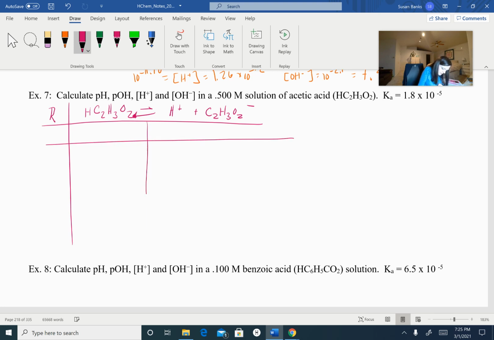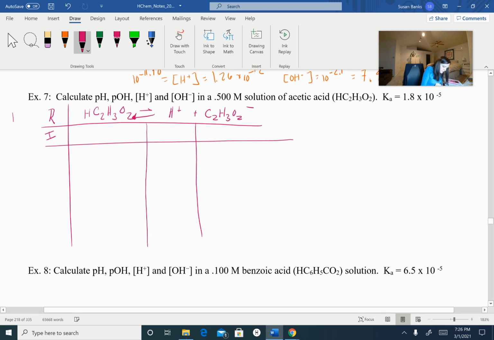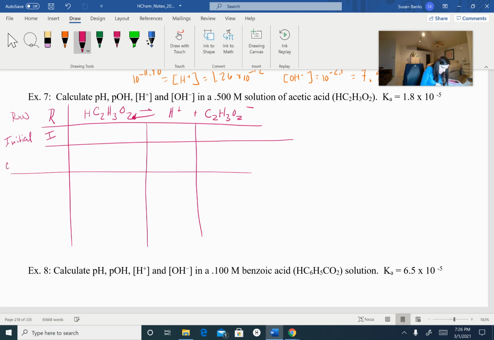Now let's create the rest of our chart here. We need our initial concentrations. We need our I. Remember, we're going for reaction, initial, and then our next line is going to be change.